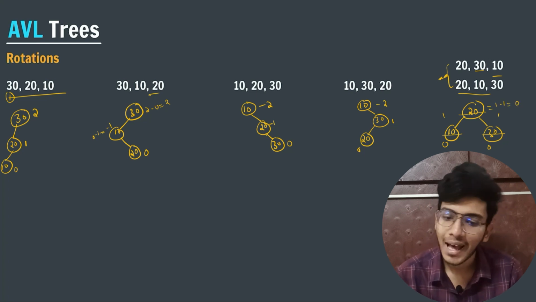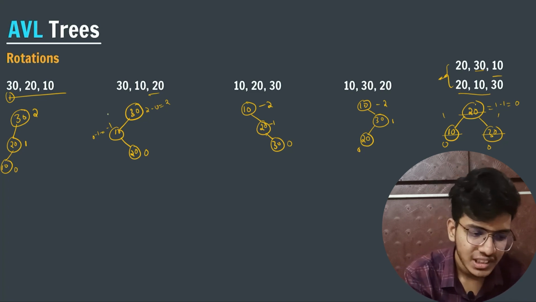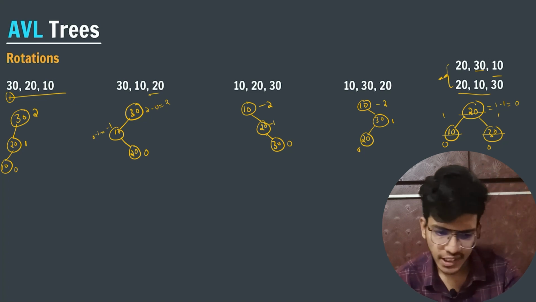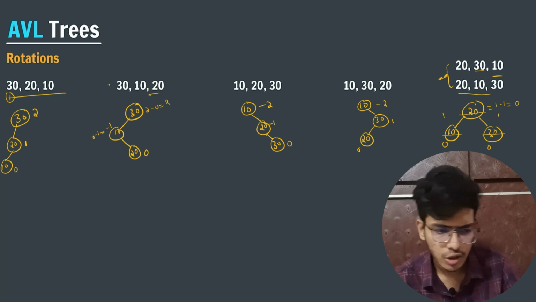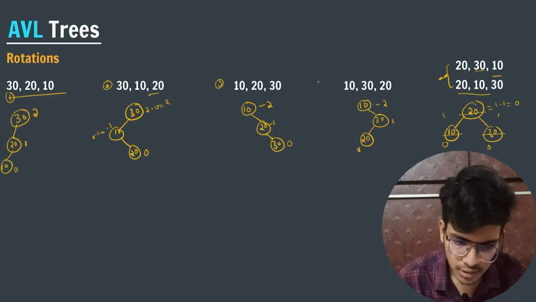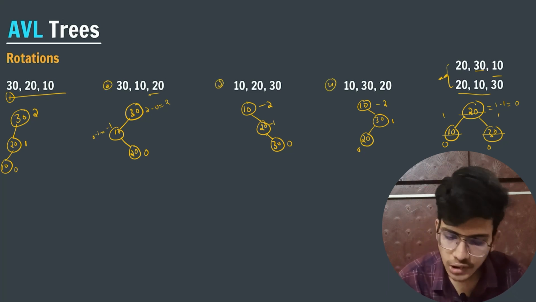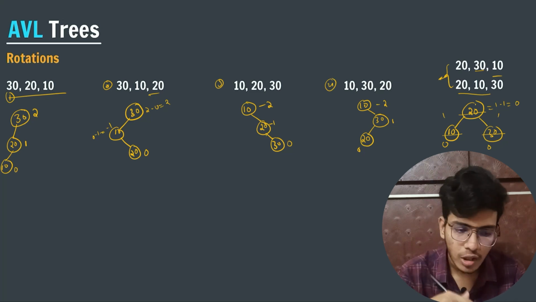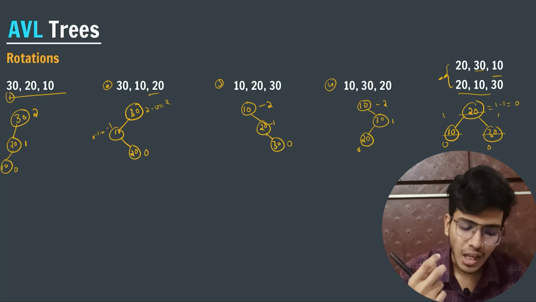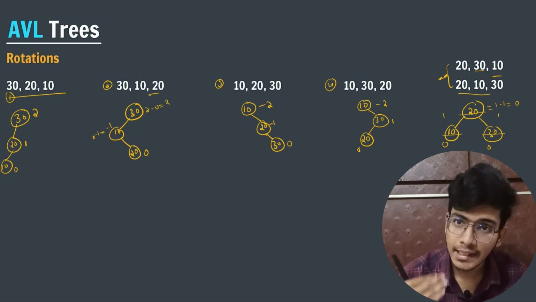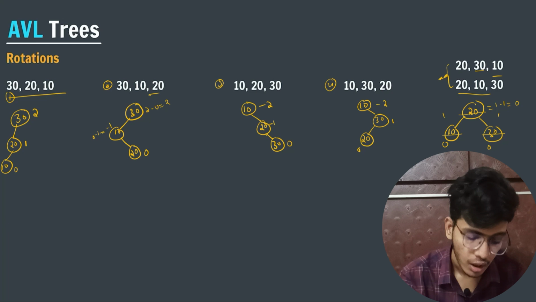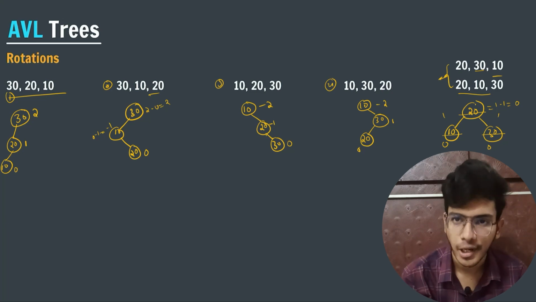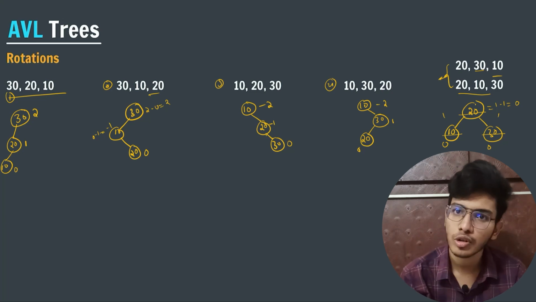So this is a balanced BST, and you can see that the first structure, second structure, third structure, fourth structure, these four structures are unbalanced in nature because I am getting some balancing factor value as less than minus 1 or greater than 1. So I need to change those values.